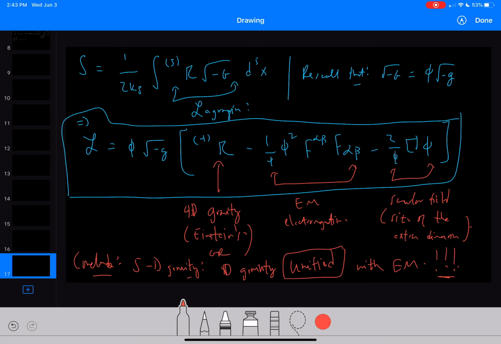Remember, one of the grand dreams of physics is to unify the four forces: the weak force, strong force, E&M, gravity. Now we're saying the way you unify gravity and electromagnetism, two forces that seem completely different from each other, is by looking at higher dimensions. So that is very interesting.